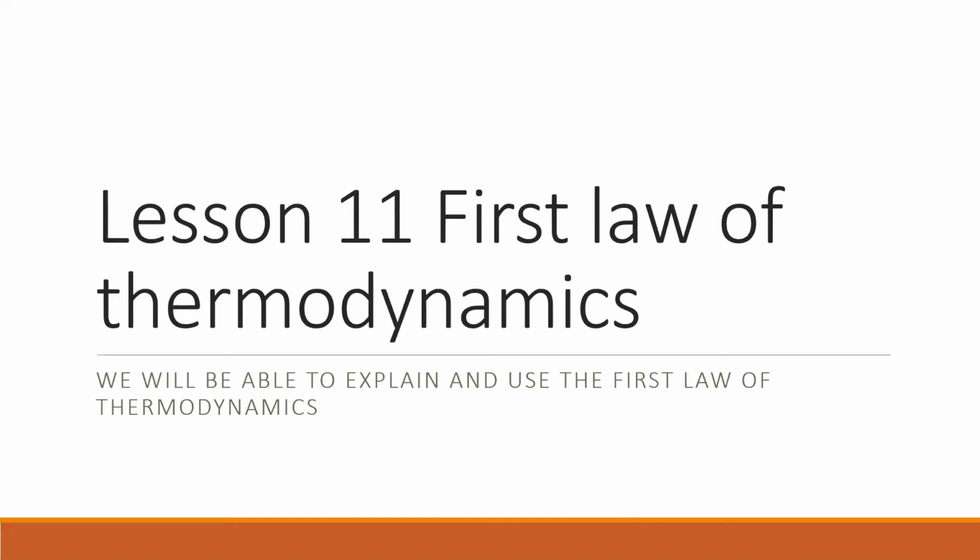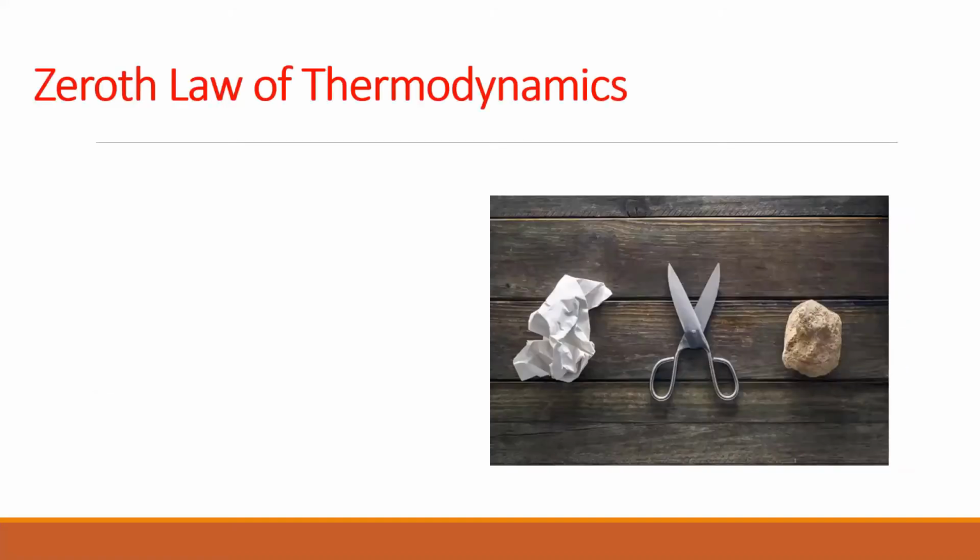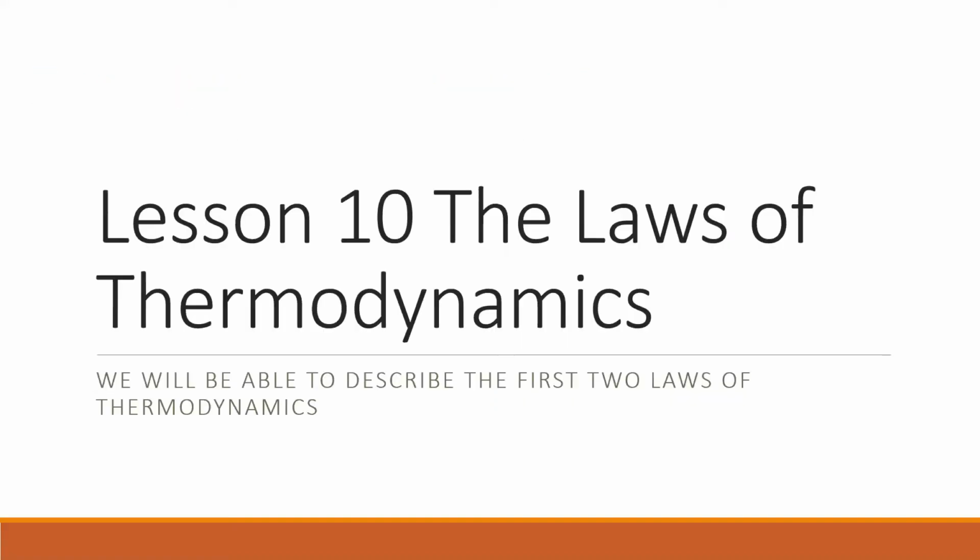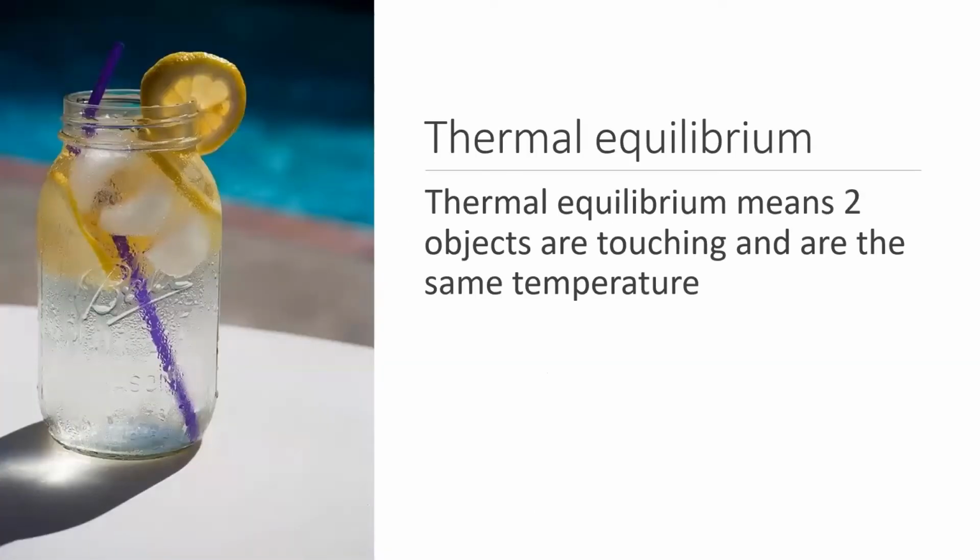So last lesson, we discussed the laws of thermodynamics. We talked about the first two laws. The first thing we talked about was thermal equilibrium. Thermal equilibrium means two objects that are touching are the same temperature.